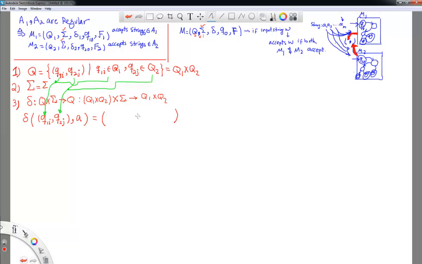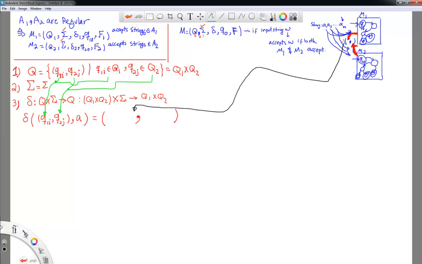Now the integrity of my computation is going to be preserved if, in this pair of states, the first state comes from the first machine and the second state comes from the second machine. Let me reiterate that and show you how this should look.